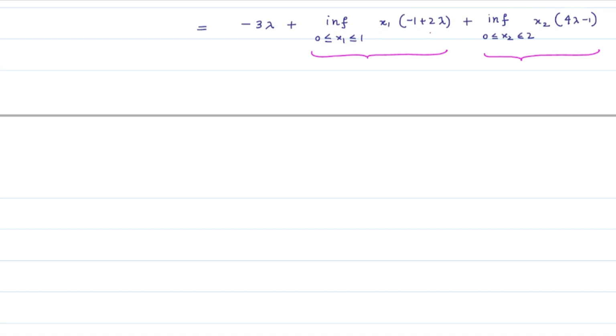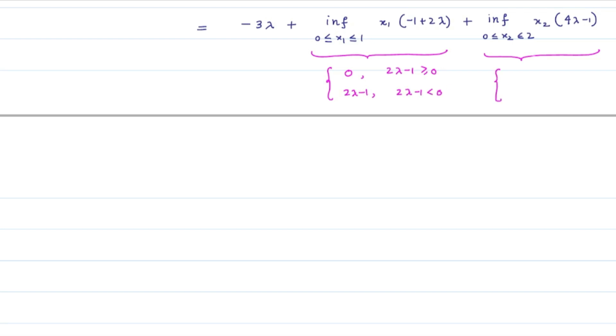But if this 2 lambda minus 1 is negative, then this infimum value is given at the point x1 equal to 1. So we get this expression as 0 if 2 lambda minus 1 is greater than or equal to 0, and it is 2 lambda minus 1 if 2 lambda minus 1 is negative.